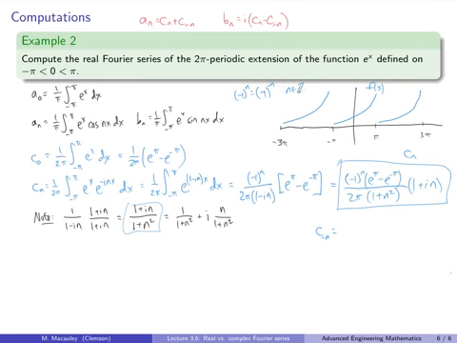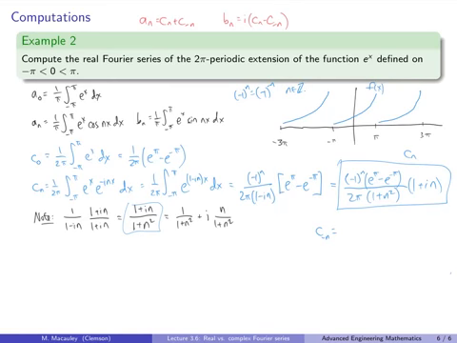So this n squared doesn't change. The only thing is, instead of this plus in, we get minus in. So C minus n is just the complex conjugate of that. I'll let you think if that always happens or when that happens. It's a good little exercise, or what it means when it happens.